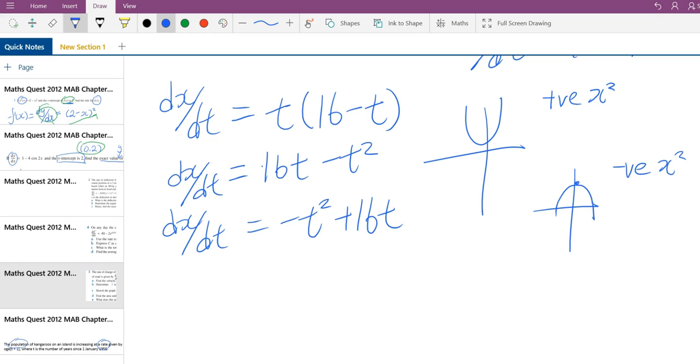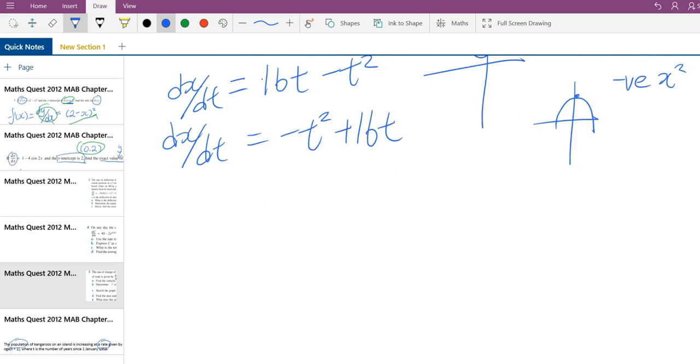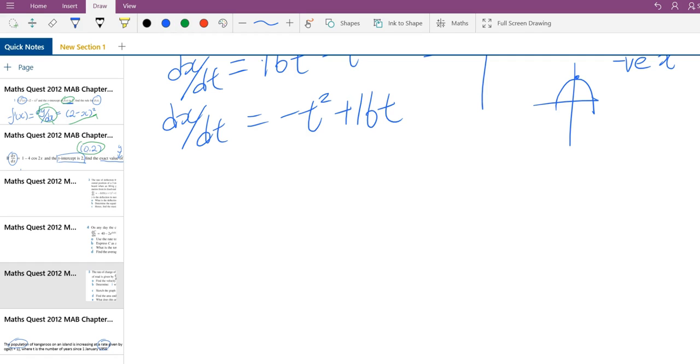Now, how do you find the turning point of the velocity function? If you remember some of your grade 11 maths, you find the turning point by finding where the gradient of that curve is equal to 0.